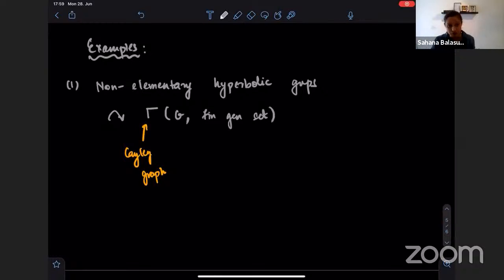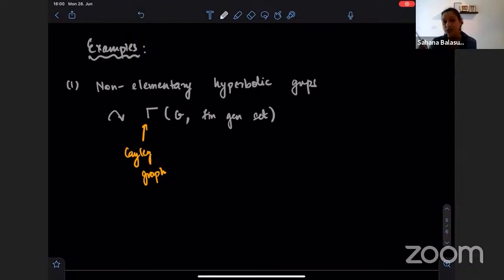Because every hyperbolic group has a finite generating set, thanks to the Milnor-Schwarz lemma, and because hyperbolicity is preserved under quasi-isometry, and this Cayley graph will be quasi-isometric to the space that you started with, the Cayley graph with respect to this finite generating set will also be hyperbolic.